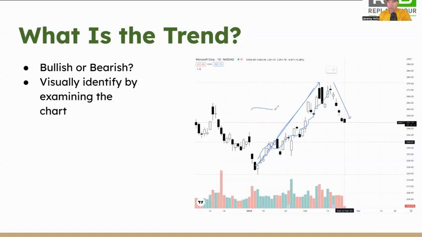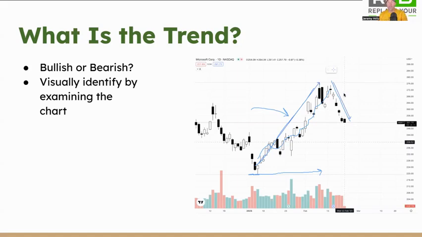This trend right here, January 2023 into February, would have been a bullish trend over these two months. And then when we see this pullback here over a little over a week, you started a little bit of a bearish trend.